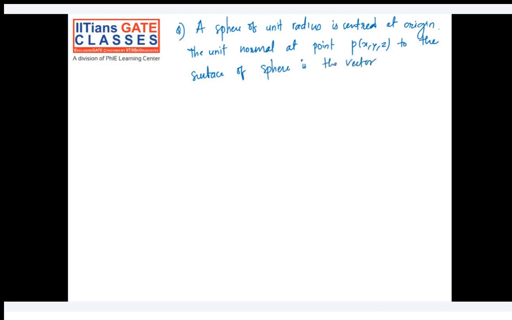and the options are: A is 1 by root 3 comma 1 by root 3 comma 1 by root 3, and B is x by root 3 comma y by root 3 comma z by root 3. Option C is x comma y comma z.